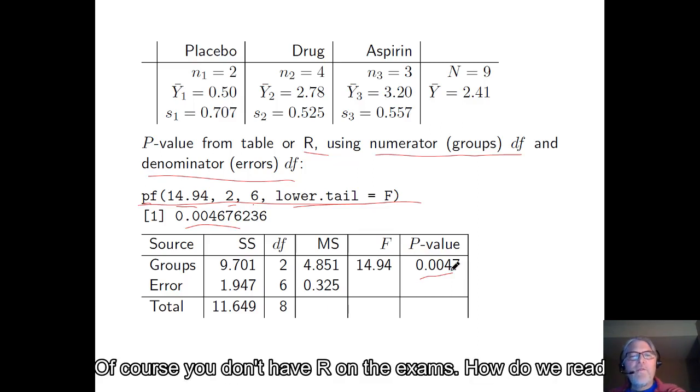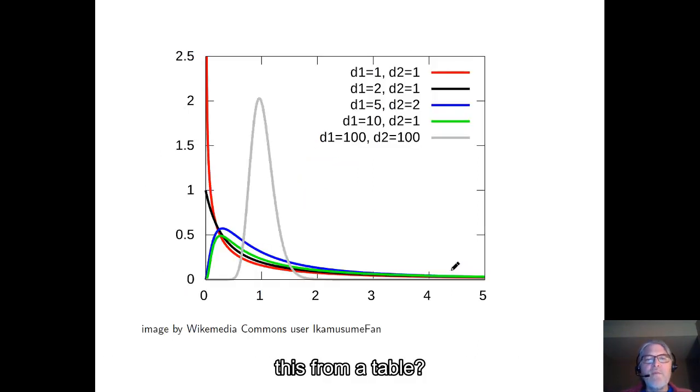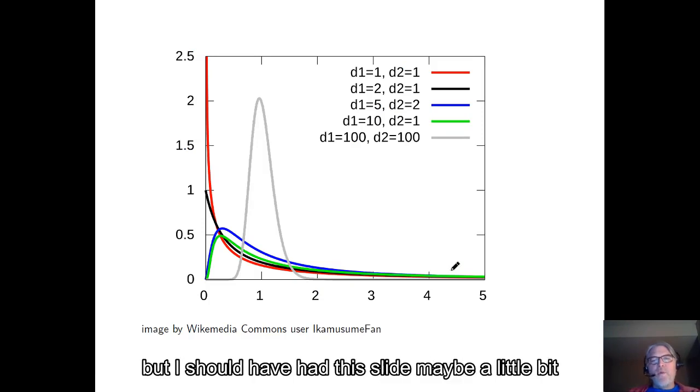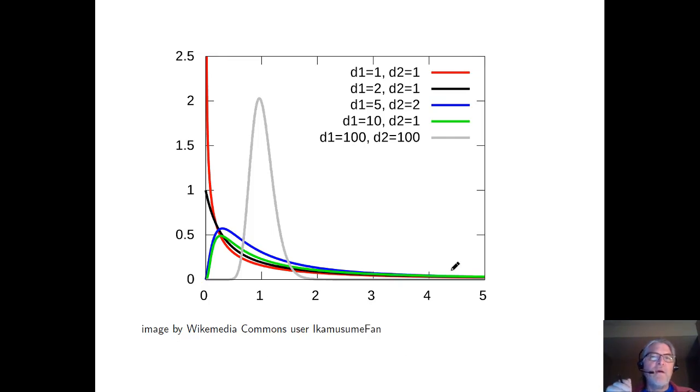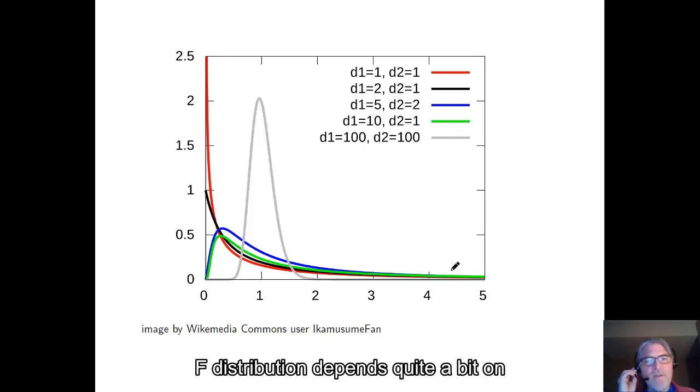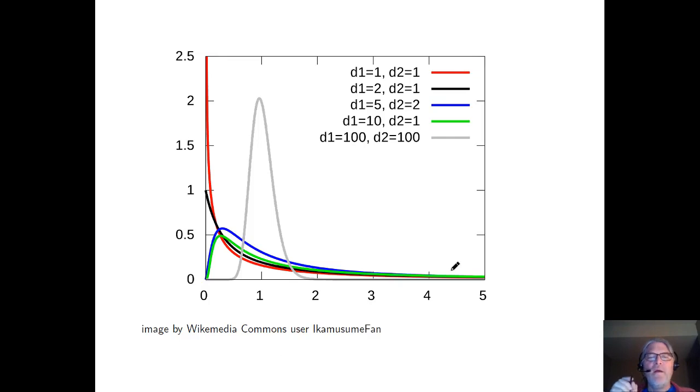Of course, you don't have R on the exam, so how do we read this from a table? Sorry, I should have explained this a little bit before, but this is just a demonstration that the shape of the F distribution depends quite a bit on these degrees of freedom.